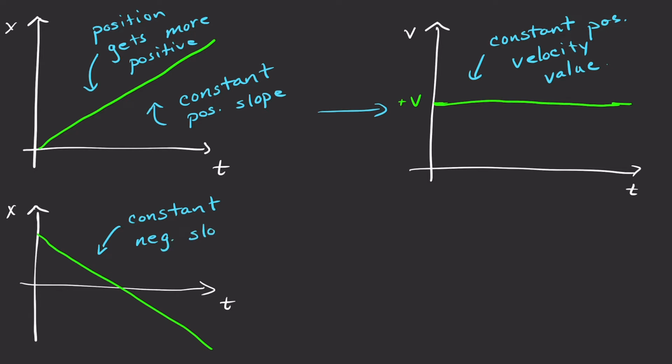So a constant negative slope. And so this just means, well, it's starting at a positive x value, and then it's going closer and closer to 0. And then once it passes 0, it gets more and more negative. So it just seems to be moving in the minus x direction.